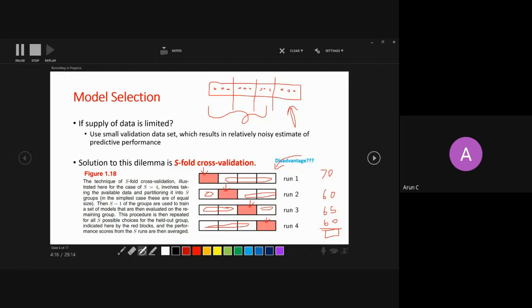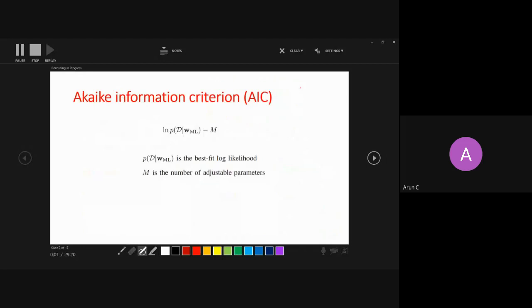The disadvantage, I've already told you, the limitation here is computation, very expensive. Now, what if only likelihood estimation is given to you and somebody has asked you to choose the model? You have to do a model selection. And you know, the more capability you take, the more powerful the model, it will always minimize your error and give you the best likelihood.